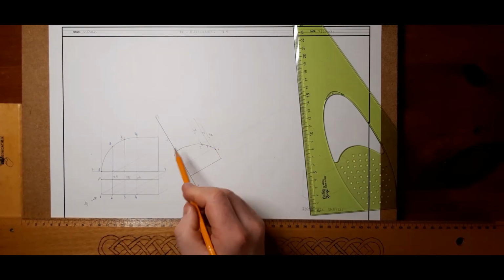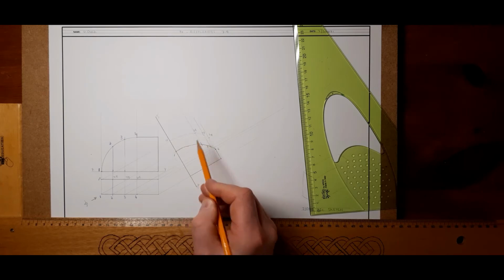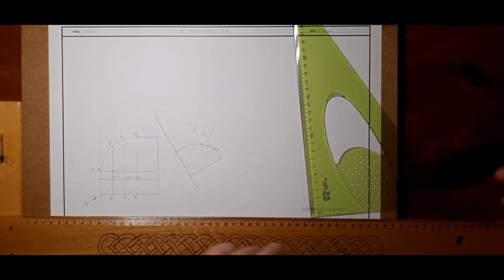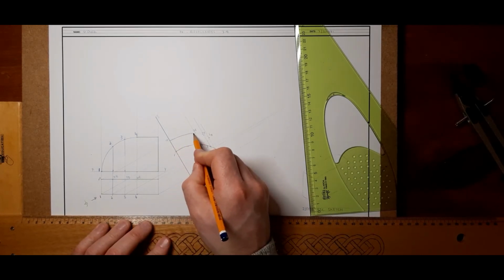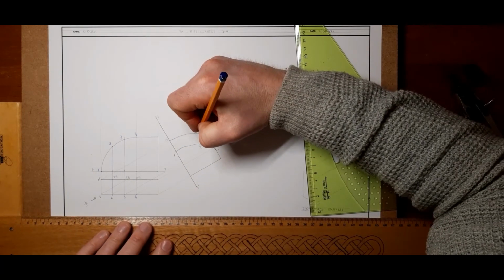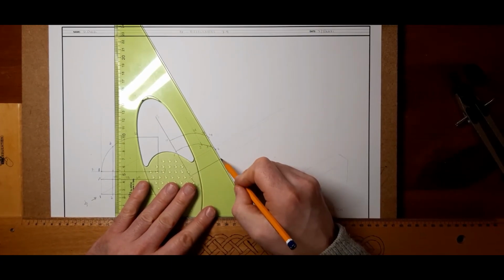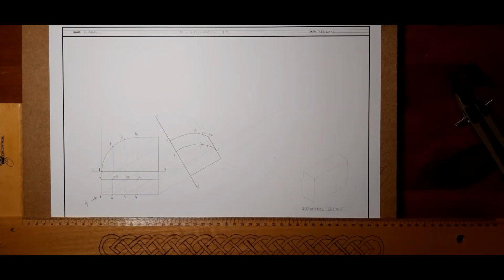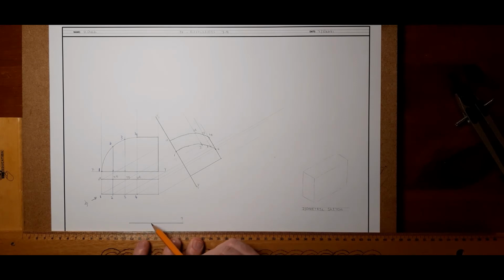And with that then, we can start to do our freehand curve. And when you're happy again, go over it that bit heavier. Okay, and that is that auxiliary. Now don't forget to put the name of that auxiliary view down here.